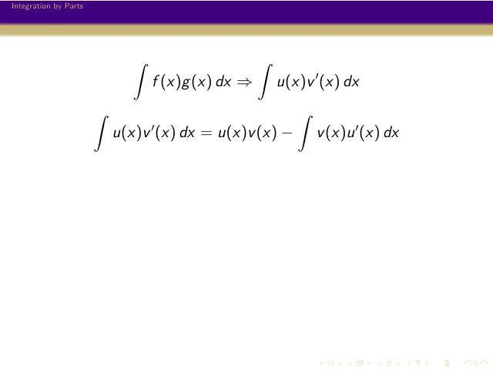Then we get the rule from the last slide: we can rewrite this integral as u of x v of x minus the integral of v of x u prime of x dx. And again, the goal is that this should be nicer than what we started off with.